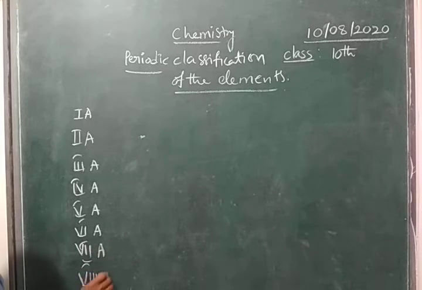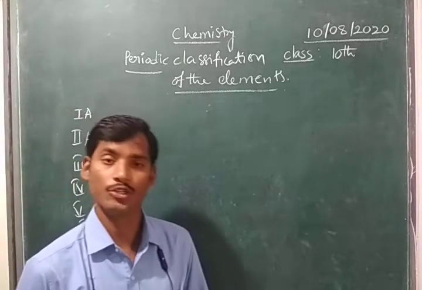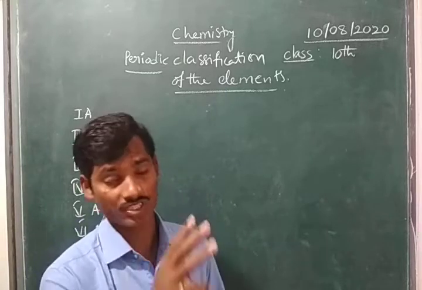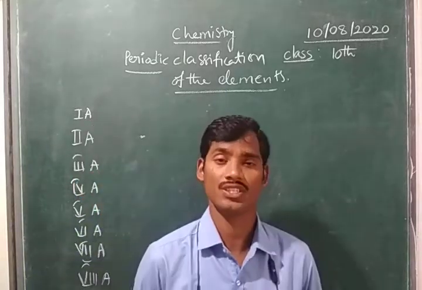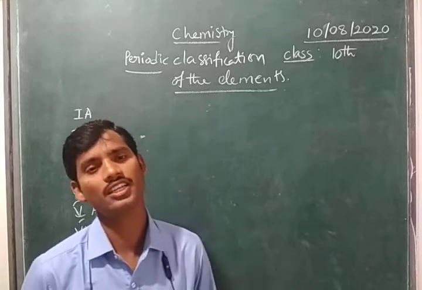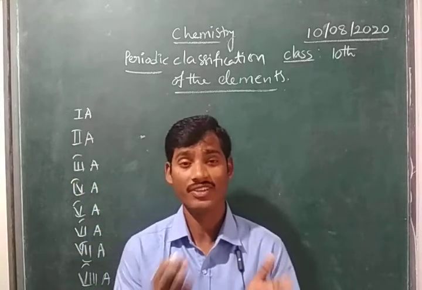How many groups do we have? We have totally 8 groups: first A, second A, third A, fourth A, fifth A, sixth A, seventh A, eighth A group elements, right children?